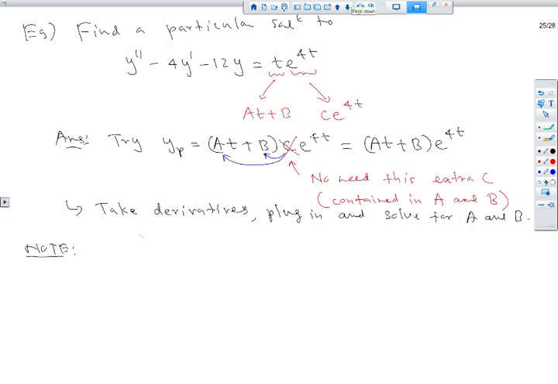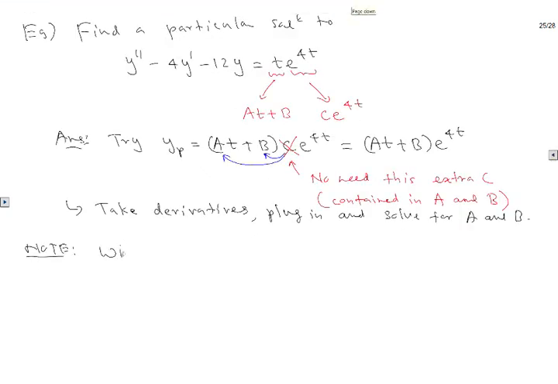When beta is a solution to the characteristic equation, it creates difficulties.